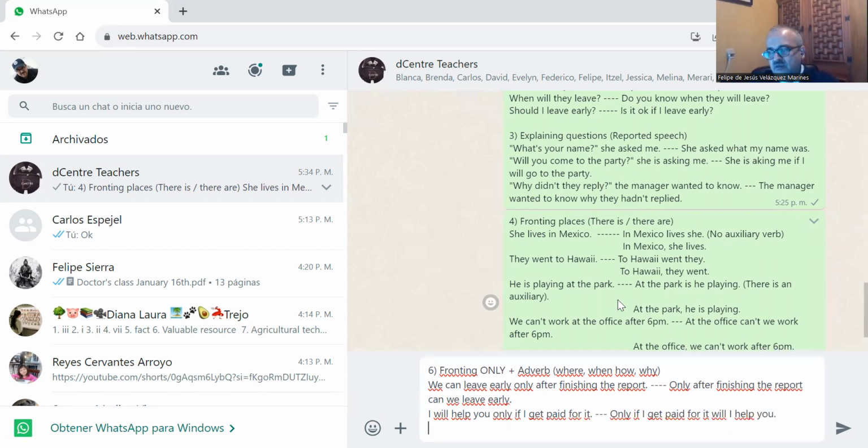But remember that it's only with only plus adverbs. Only he can come with us. Here we don't use inversion. Why? Because he is not an adverb. It's a subject. So no inversion here.